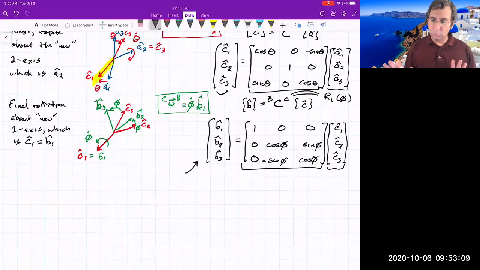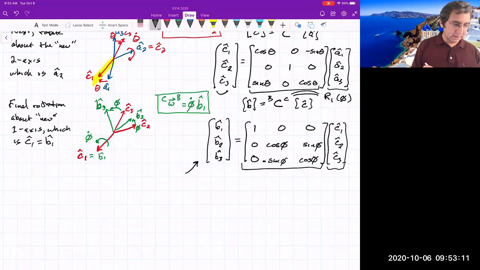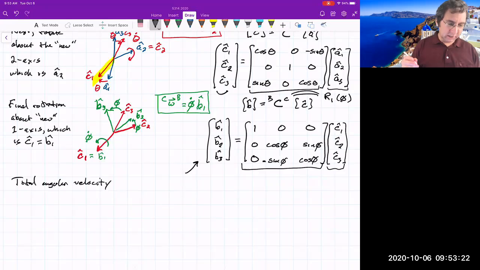But right now, we just want to know what's the total angular velocity. So for the total angular velocity, we use the angular velocity addition formula. So what are we looking for here? The angular velocity of the B frame with respect to the inertial frame.